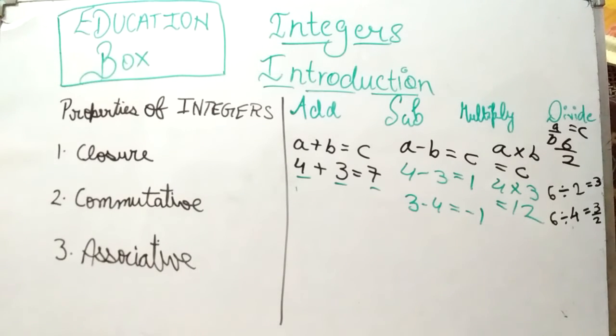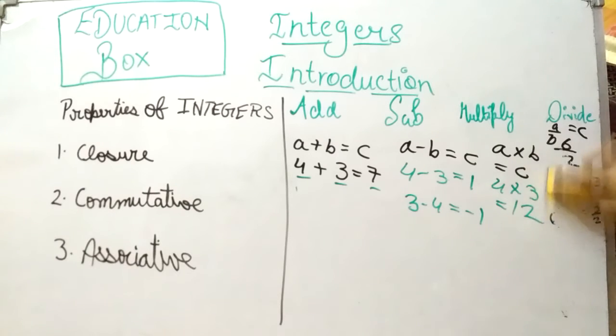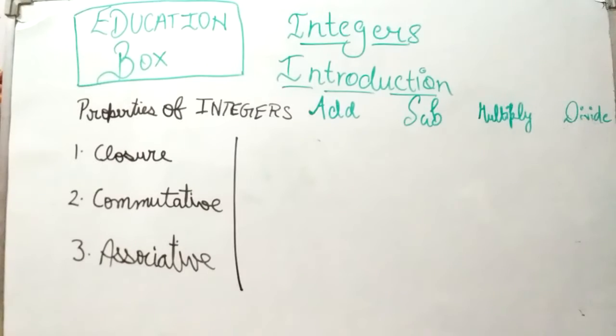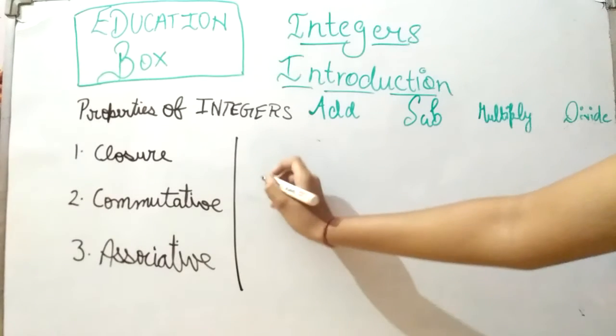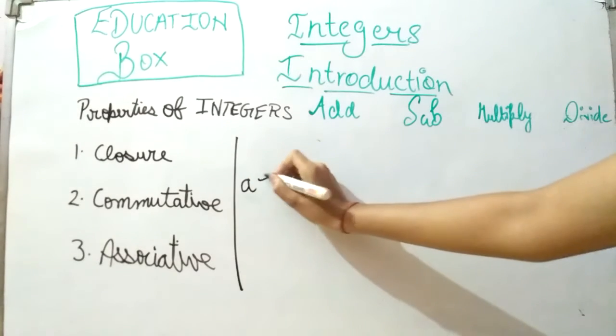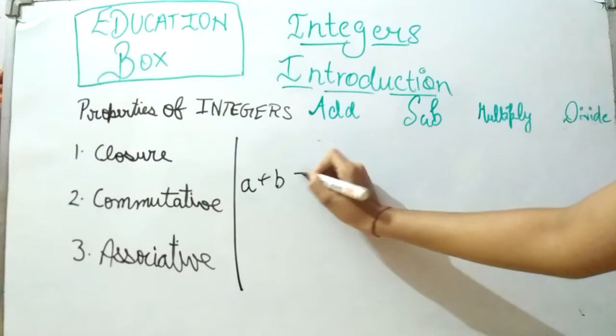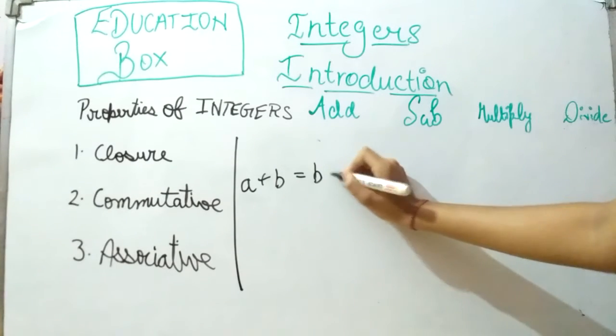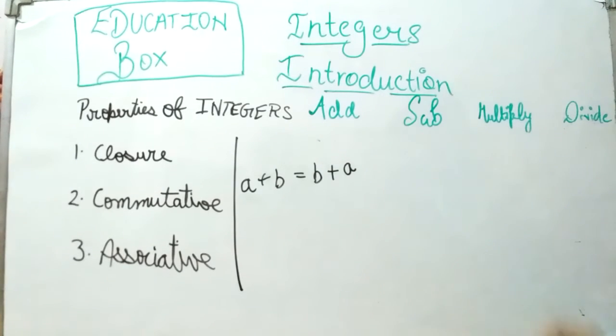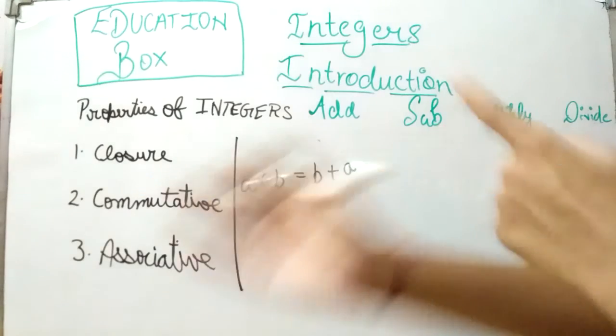So now let's move on to another property, which is commutative property. Now let us understand the commutative property under addition, subtraction, multiplication and division. In this we have the formula: if we add any integer with another, then it will be equal to the addition of the other integers when we interchange both the numbers.